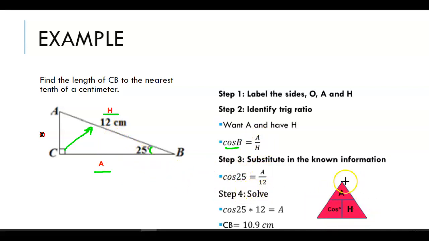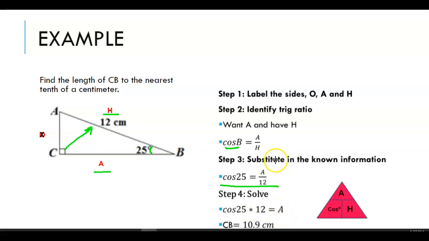You can use the pyramid to solve. So cover the letter A, and then you have cosine of the angle multiplied by the hypotenuse. Or you can look at this simple linear equation here. Eliminate the denominator by multiplying by 12 on both sides, and you're going to have cosine of 25 multiplied by 12 equals adjacent.